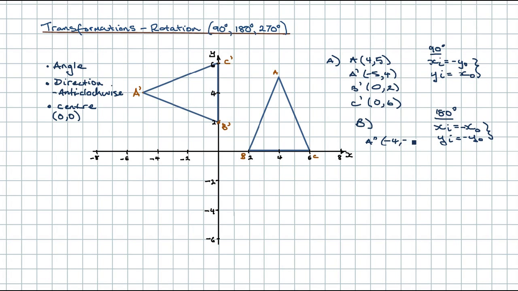B prime prime is going to be then, so B is 2, 0, so it's going to be minus 2, 0. And C prime prime is simply minus 6, 0. Okay, so now all we need to do is plot these on the graph.